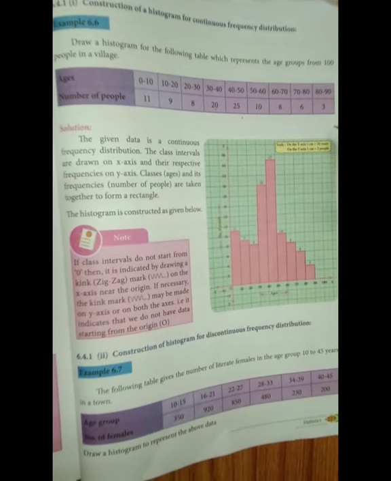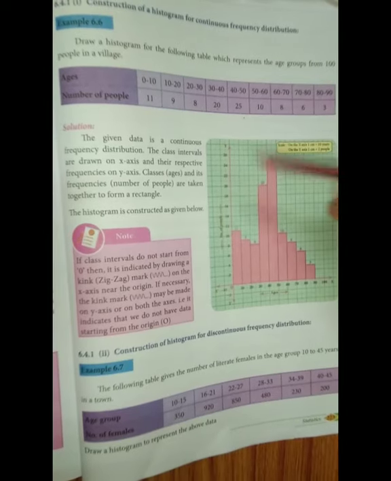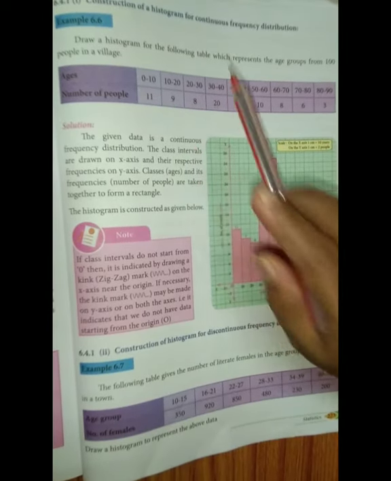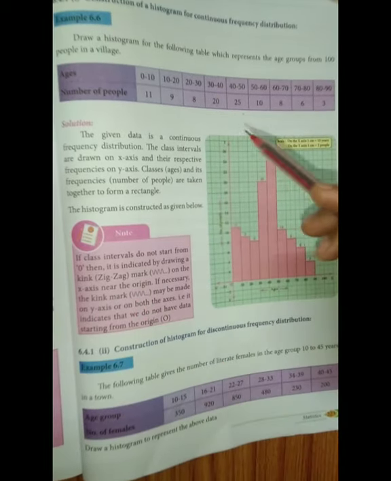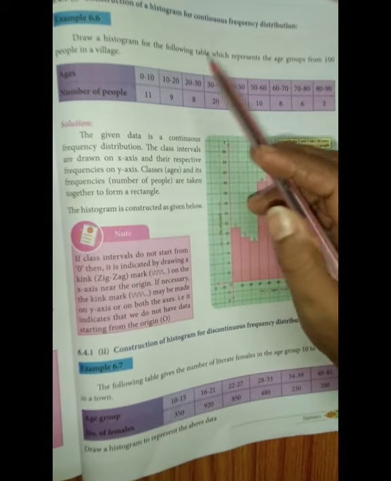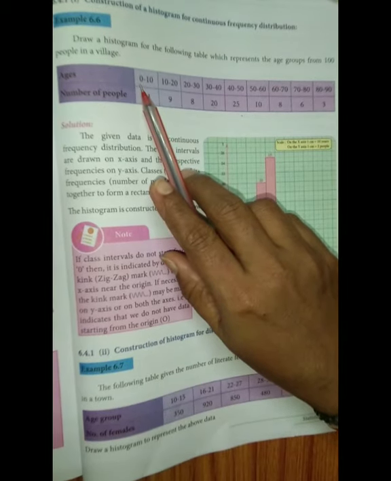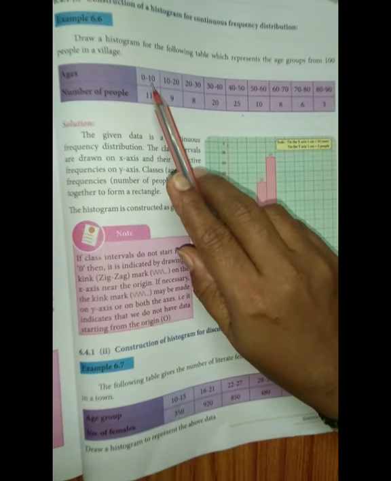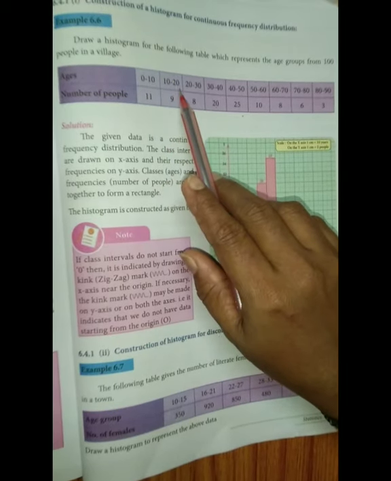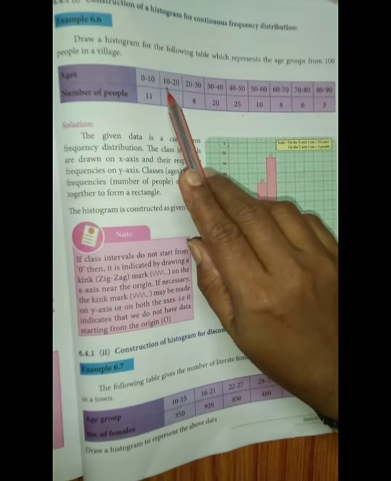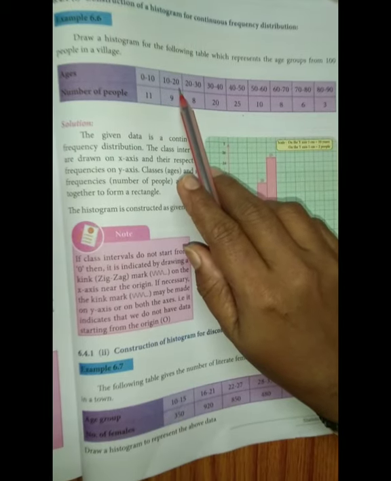For this data we are going to draw a histogram. First we check whether the given data is in continuous or discontinuous format. How will you identify this? 0 is the lower limit and 10 is the upper limit. The next class interval has lower limit 10 and upper limit 20.